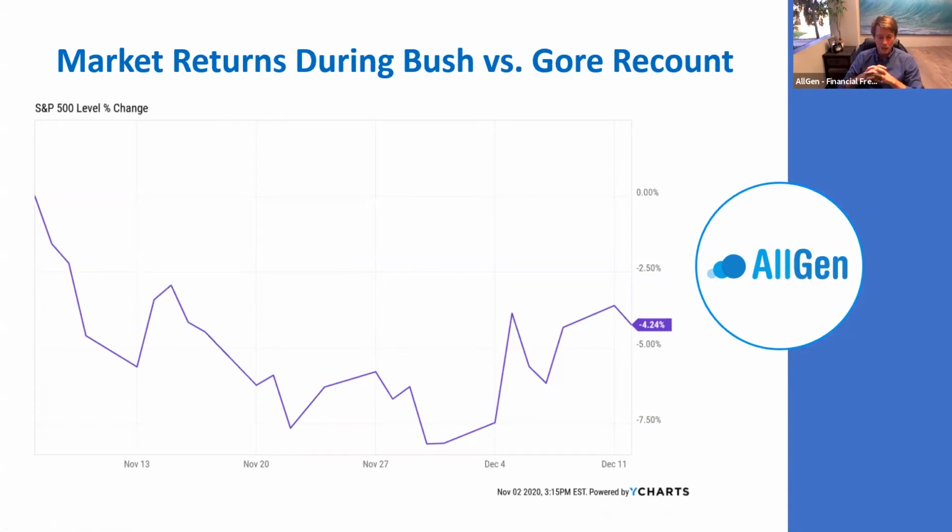As you can see, during its worst time, the market was down about 8%. And during that whole time frame, the market was down about 4.24%. So I think this is the bigger concern from a short-term perspective: what if the election results are disputed and you go into this kind of recount scenario?